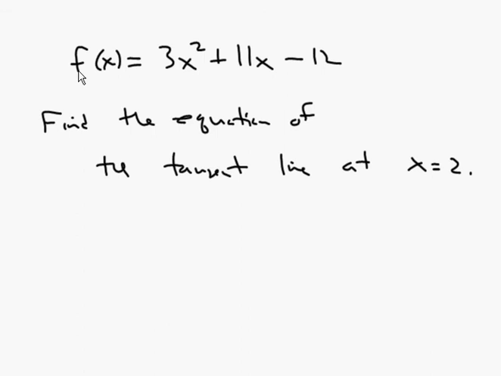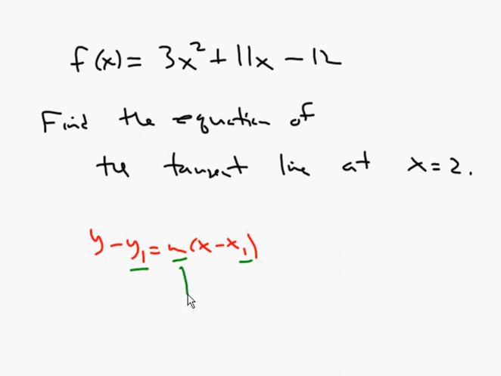Okay? So if we think about the equations of lines for a minute, y minus y1 equals m times x minus x1. It's the point slope form of a line. All you need to know is what point does the line go through and what slope does it have.